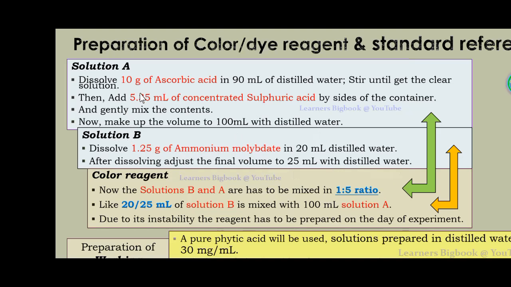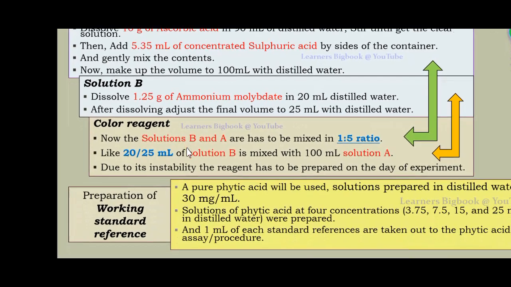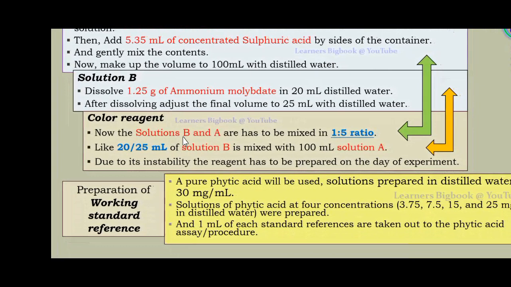Now, with the help of these two solutions A and B, we are going to prepare the color reagent, where you take the solutions in a B:A ratio of 1:5, that is 20 ml of solution B mixed with 100 ml of solution A. You can even take 25 ml also.